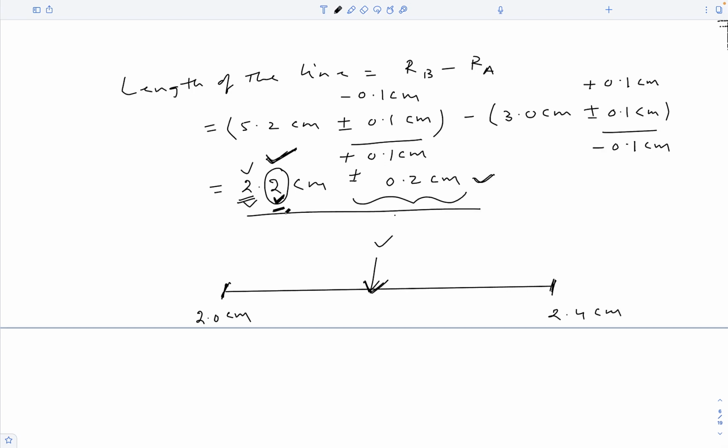So you take any measurement, it contains one estimated digit, and because it is an estimated digit, there is some error or uncertainty in its value. That is why the estimated digit is also known as the doubtful digit.